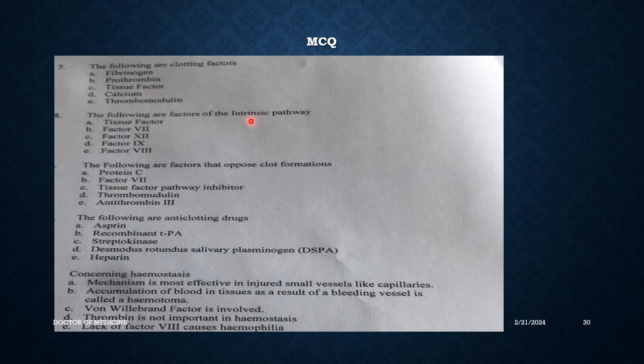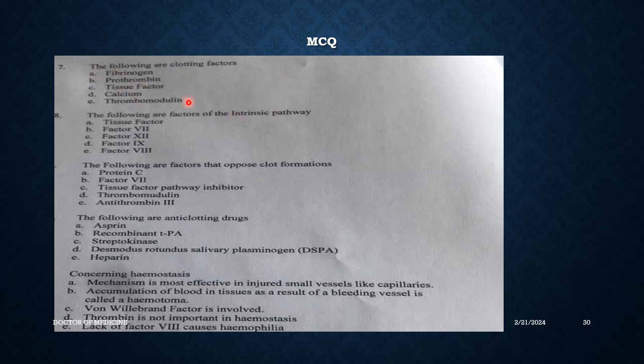The following are clotting factors. Fibrinogen, true. Fibrinogen is inactivated clotting factor 1. It's converted into clotting factor 1A, which is fibrin, by the action of thrombin. Prothrombin, true. It's inactivated clotting factor 2. Prothrombin is the one that gives us thrombin. Tissue factor, true.